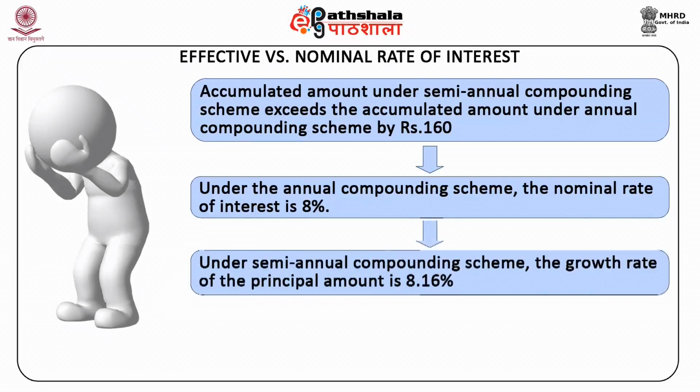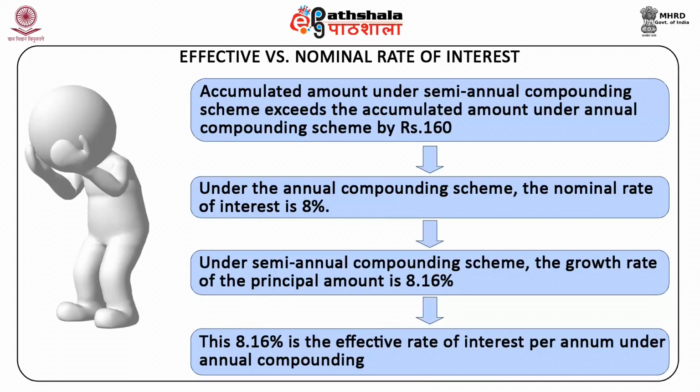However, under the semi-annual compounding scheme, the growth rate of principal amount is 8.16%. This 8.16% is the effective rate of interest per annum under annual compounding that has the same effect as the rate of interest under the semi-annual compounding scheme.